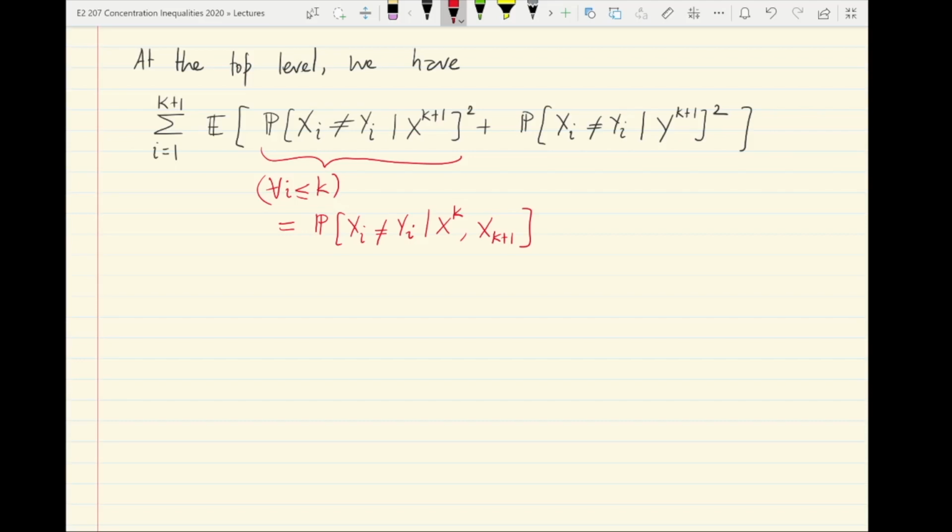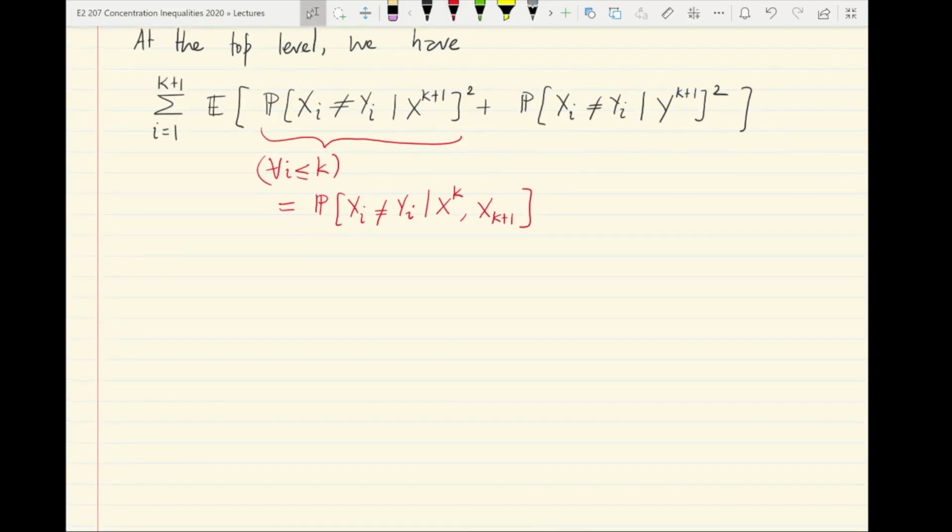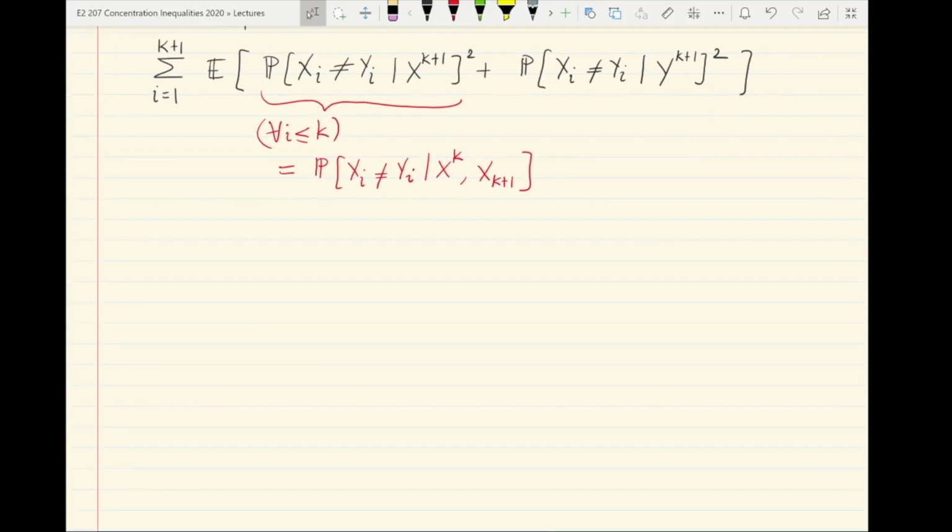So once xk is there, the conditional distribution of xi, yi just depends on xk. It does not depend on xk plus 1 just because of the nature of our particular coupling. Since xk plus 1 is independent of xk, yk, that's the reason.